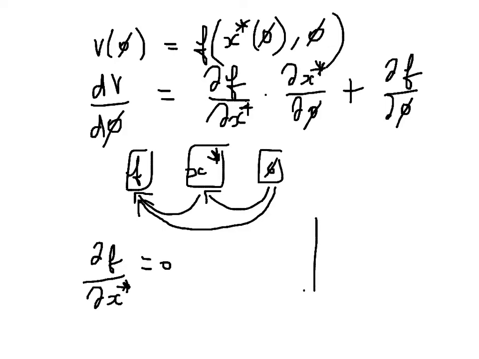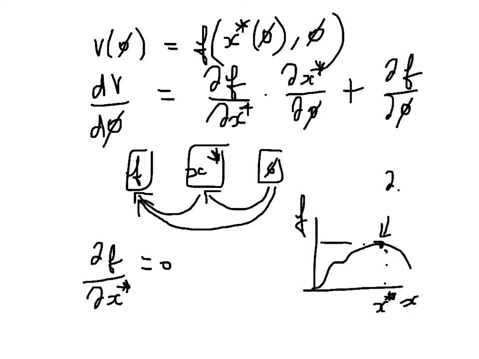Right, so if you look at x and f, we have some value, and there's a maximum point here, which is x star, which maximizes f, and at that point the derivative is equal to 0. Okay, so we can see this quite easily.